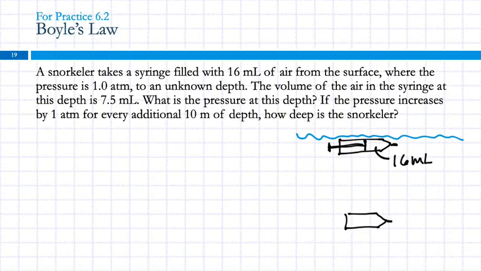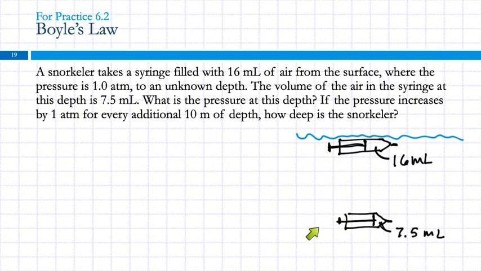So here's our syringe again, and it says now the volume is only 7.5 milliliters. So the plunger comes in, and this volume is 7.5 milliliters. Why did the gas get smaller?